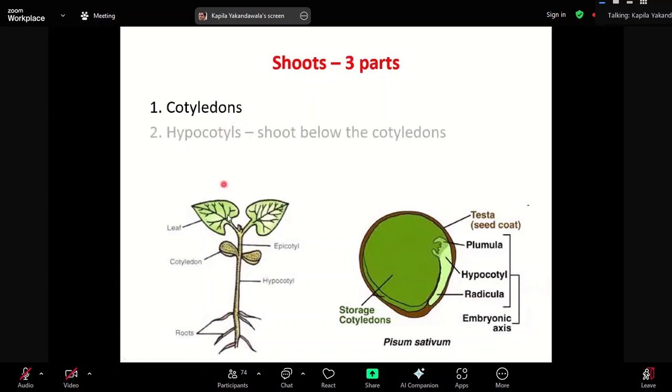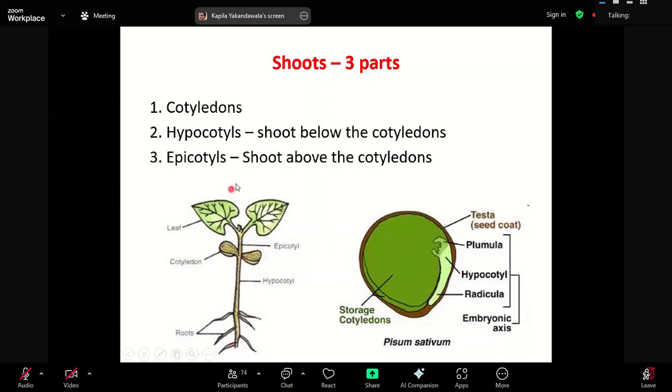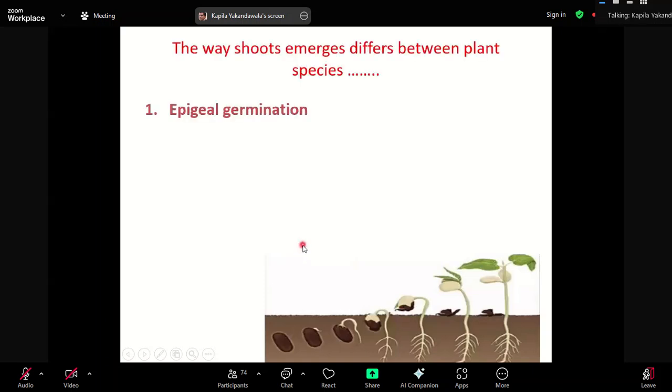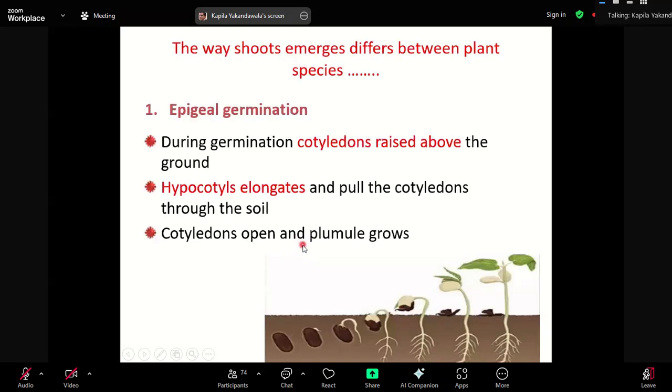So dicot seeds have two cotyledons, you can see. The upper part is called the epicotyl. The part above the cotyledons is called the epicotyl. Hypo means below. Hypocotyl means the part below the cotyledons. Then seed germination is of two types, epigeal germination and hypogeal germination.